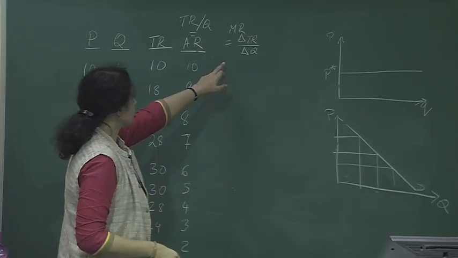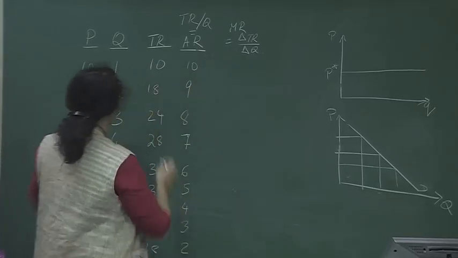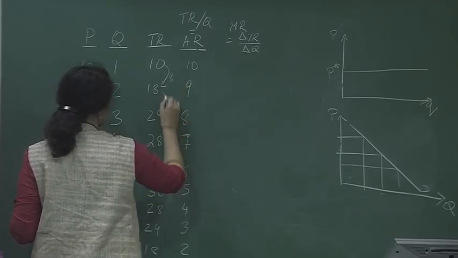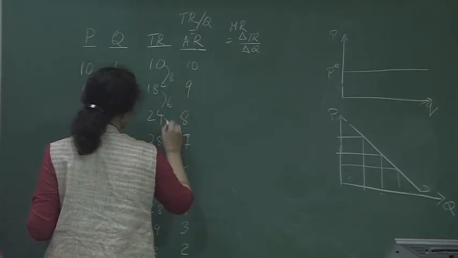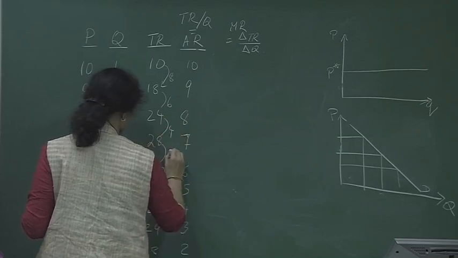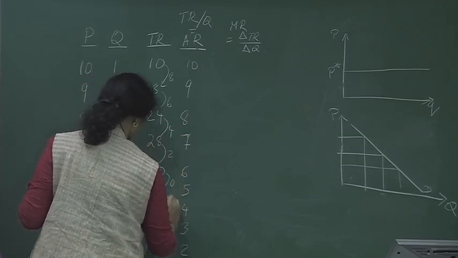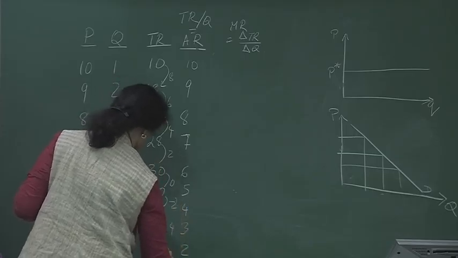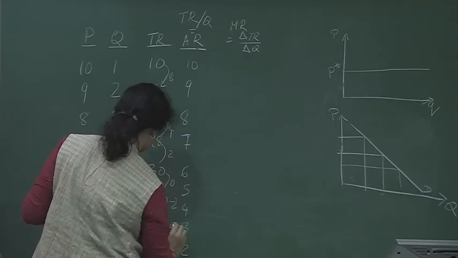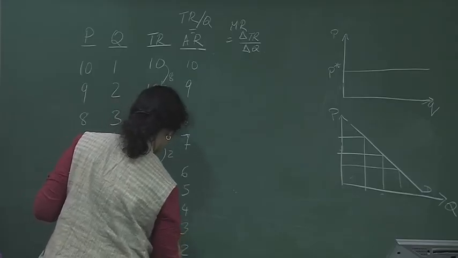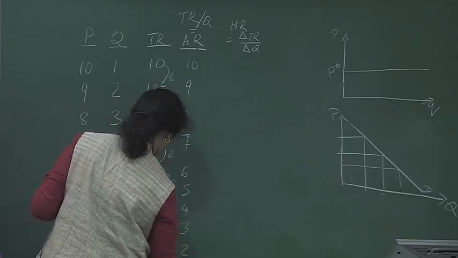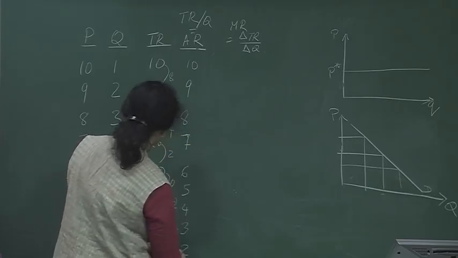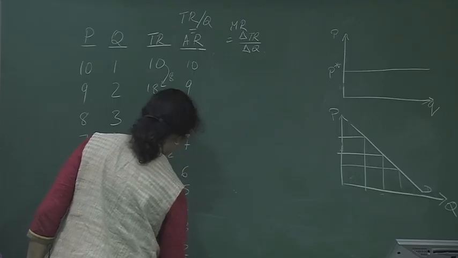So, marginal revenue is del T or del Q. So, here the change in quantity is 8, here it is 6, here it is 4, it is 2, 0, minus 2, minus 4, minus 4, minus 6, minus 2, minus 4, minus 6 and minus 8.